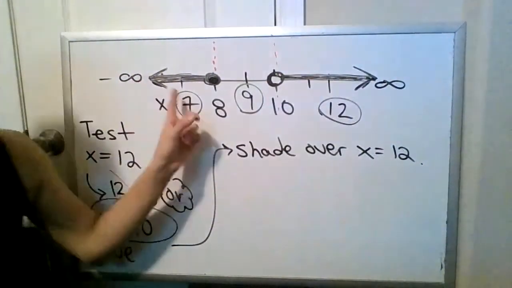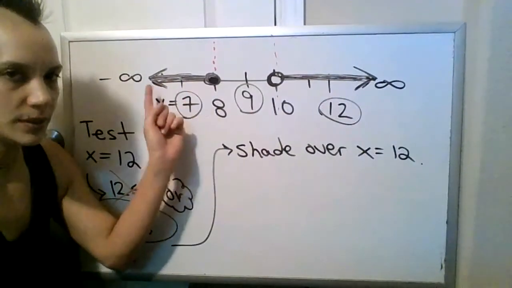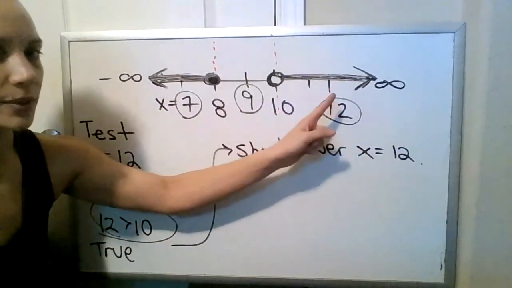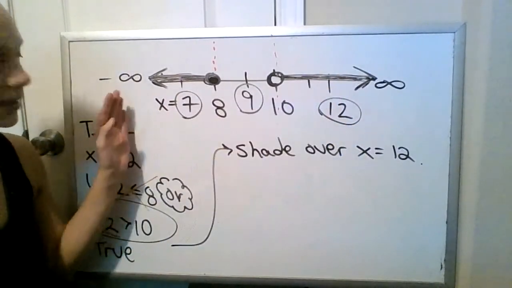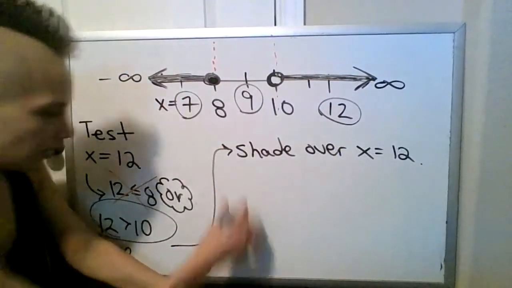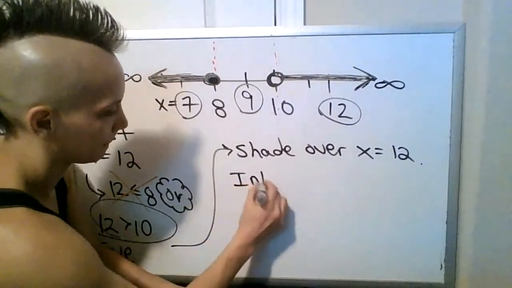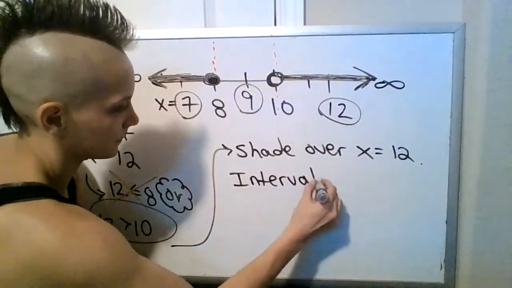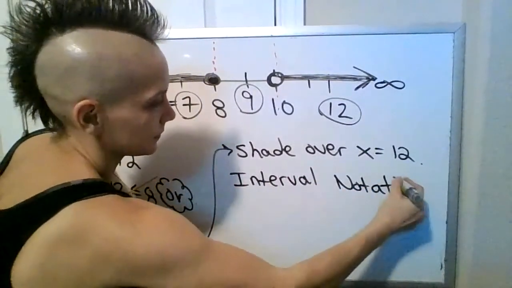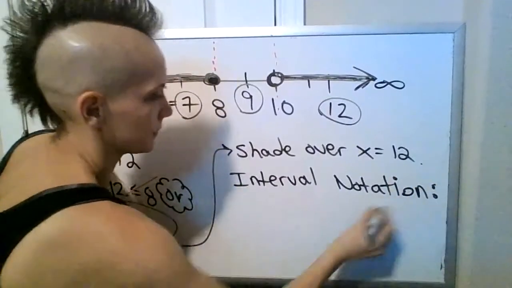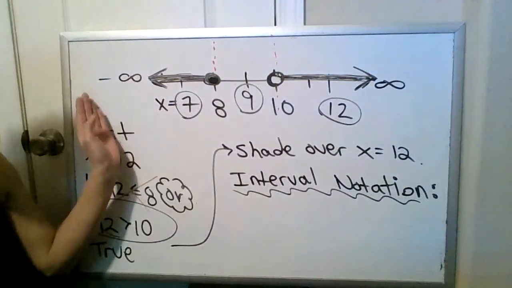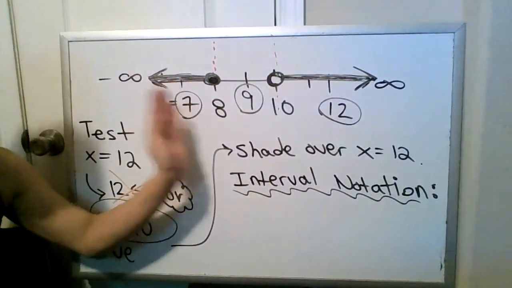Okay. And just like before, if you're in this set or you're in that set, we're going to use the union symbol, starting from the smallest value. Let's see, we're doing interval notation. Okay, so negative infinity over to 8 and include 8.